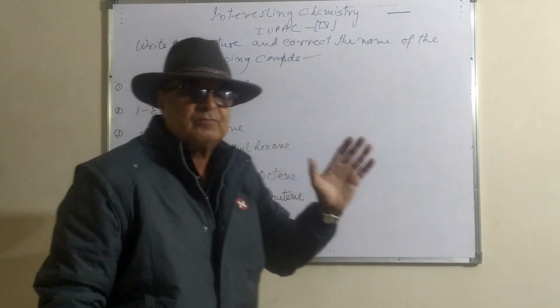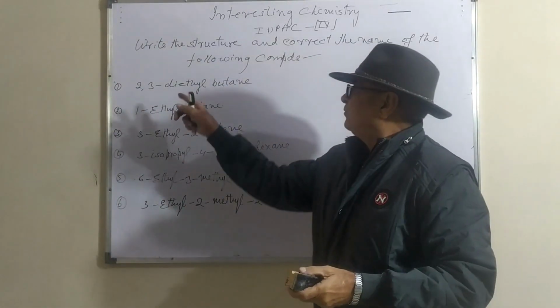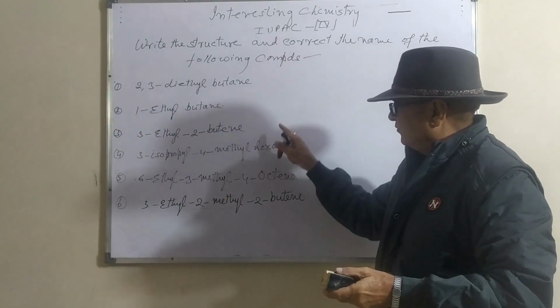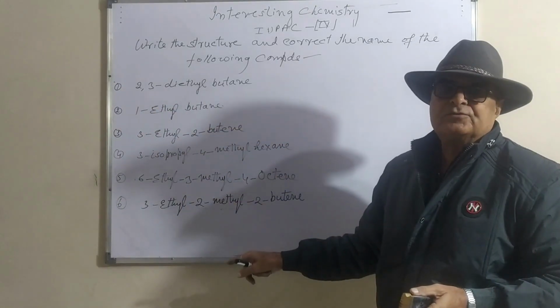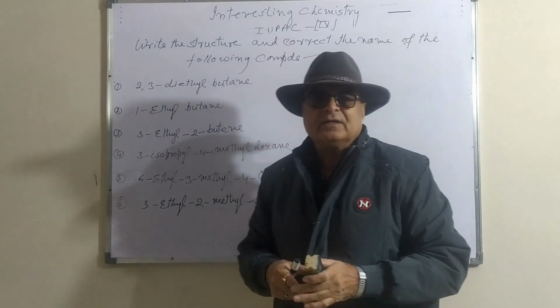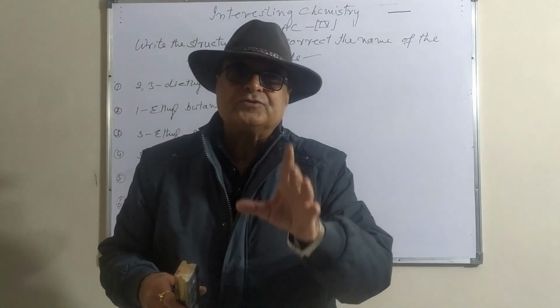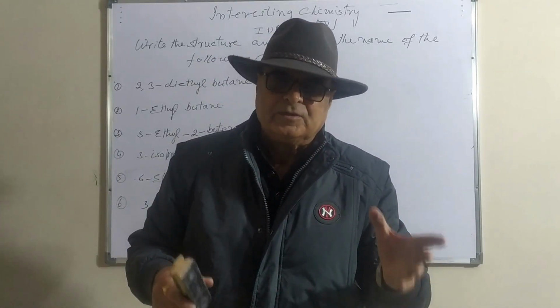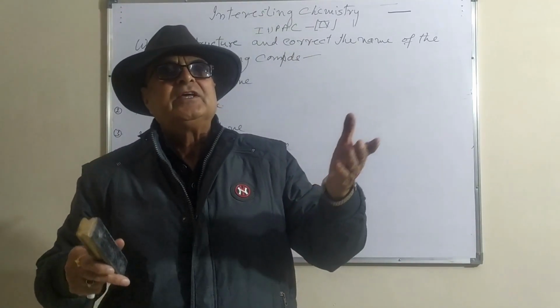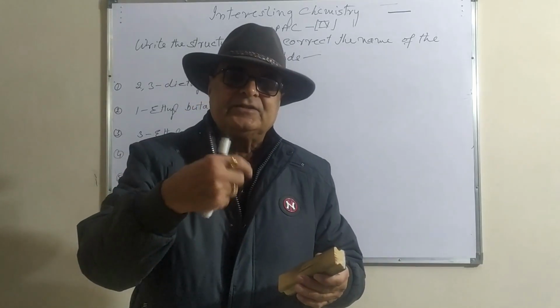I have given you some compounds. You have to write the structure of these 6 compounds and then correct the names if you can. If you think that the name is right, then write the name.